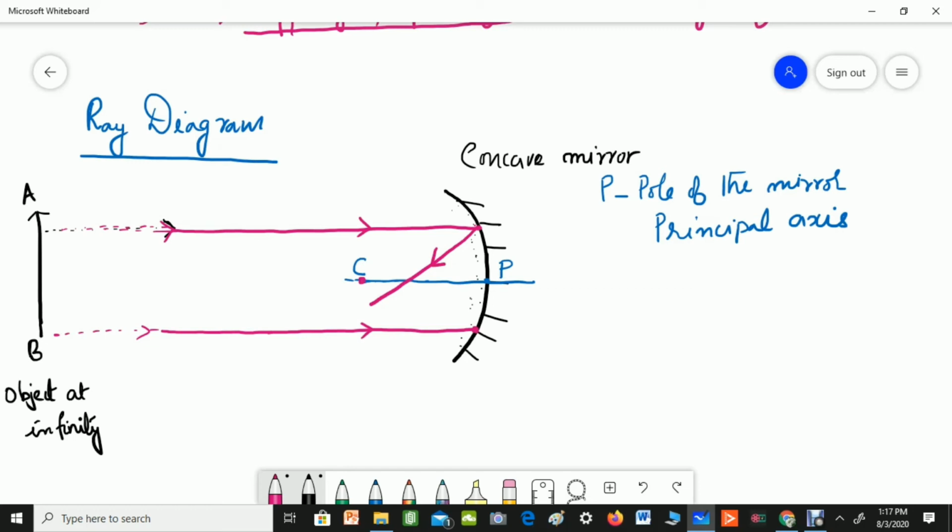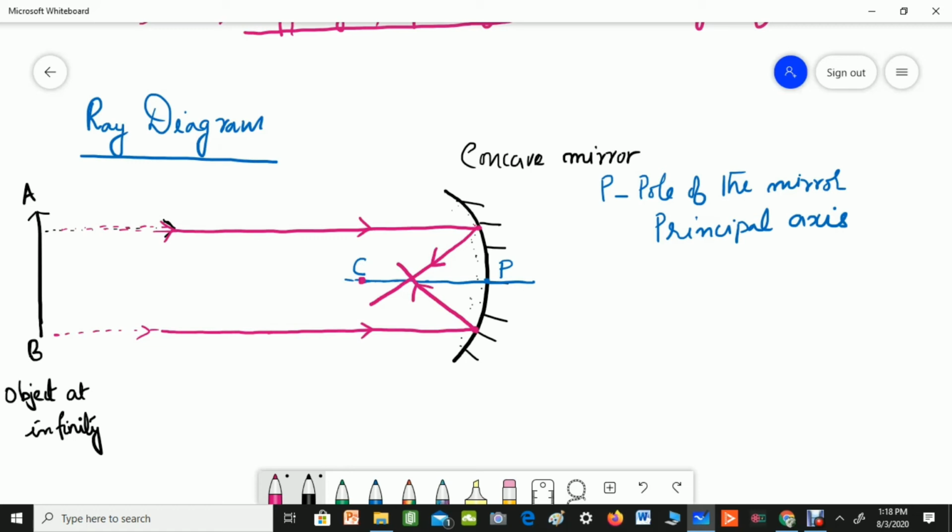Now from this side I'm drawing another reflected ray. I will draw that ray one more time because it is a little curved. Okay, yeah. This is the reflected ray.